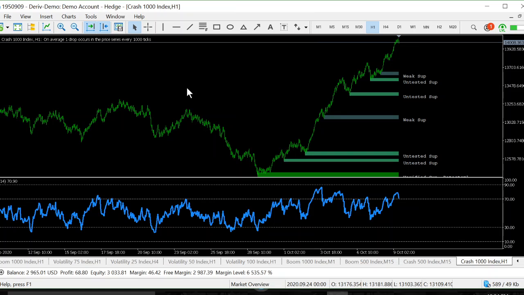What I'm trying to say here is that your indicator might be showing you that this is a high, and then the next high coming is higher than the previous one. You understand? So this may be what your indicator is showing you.